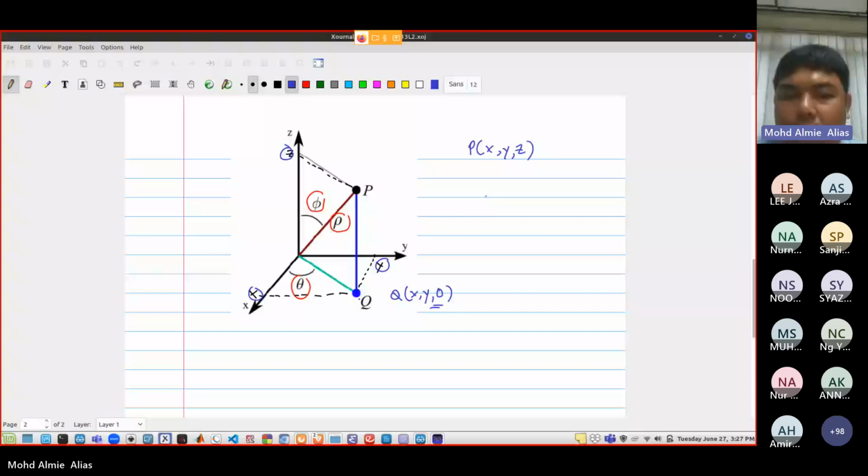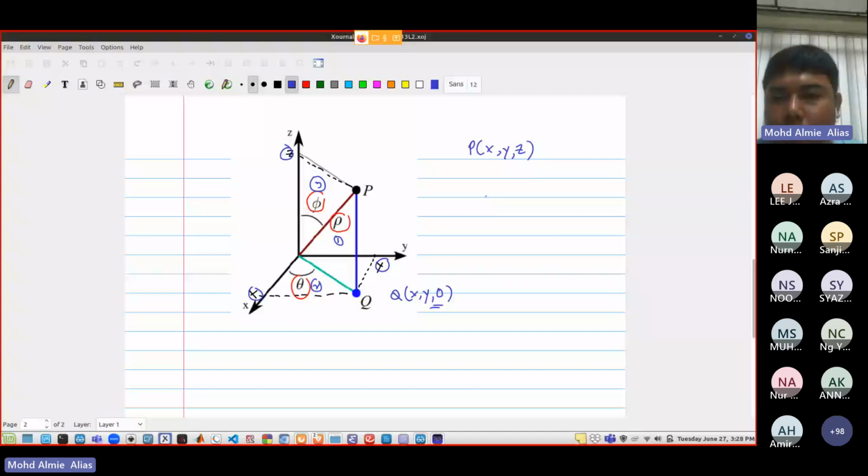So from there you get theta. This is the first quantity. This is the second quantity, and the third is like theta, but it's measured differently. You have your P here. You don't need to project to any plane, but from P you have this line, and you just measure the angle from the positive z-axis to the line that connects the origin to P. And this is the third component, which is phi.